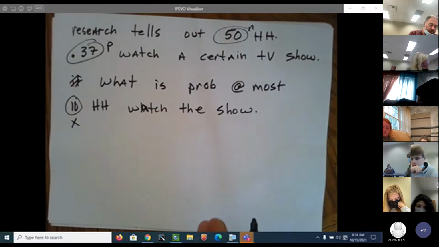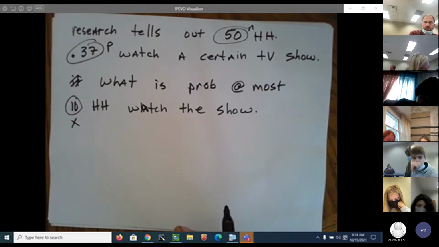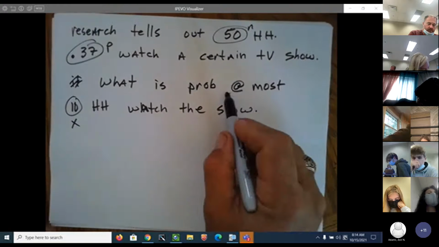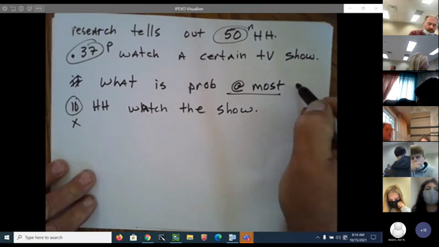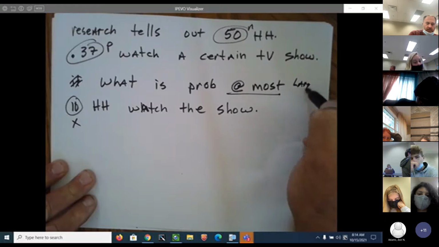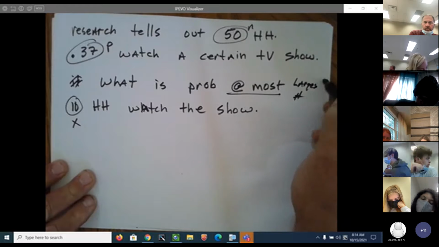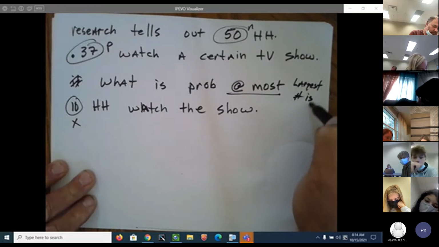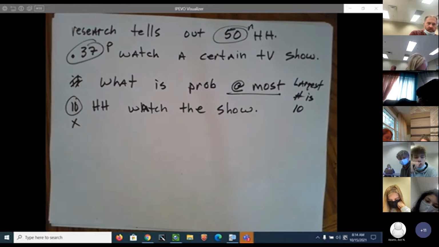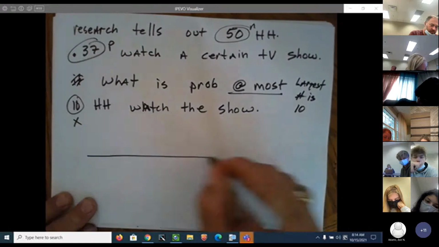But the problem is, what is it asking? Well, at most means what? That means the largest number is 10. So I'm going to draw a number line.